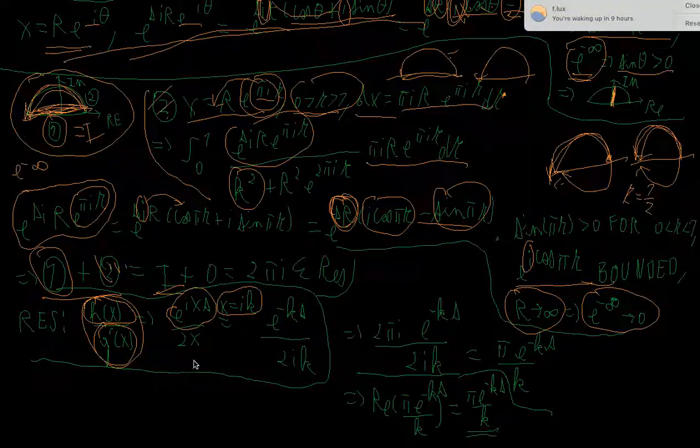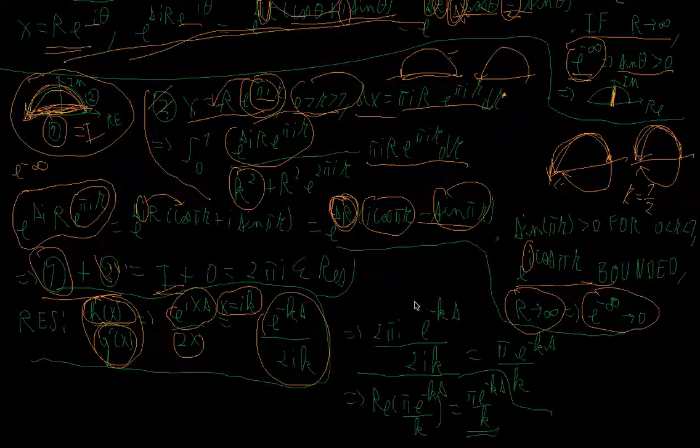Below we have our 2x, and we plug in x equal to ik, so we get 2ik. That is our only residue. Now we multiply that by 2 pi i, the 2 and the i cancel out, we have pi over k times e to the minus ks, and this is the result for our integral.